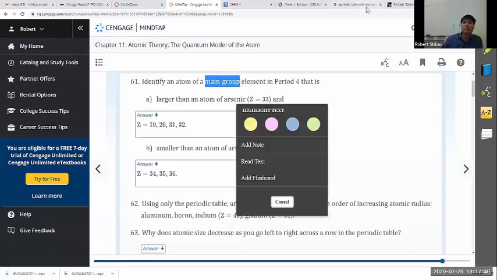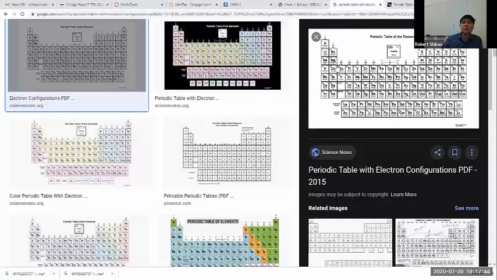The main group consists of the S and the P block. The D block here are the transition metals. So when they're looking at arsenic, that only leaves gallium, germanium, potassium, and calcium as bigger because they're ignoring the transition metals here. When they say smaller, that's selenium, bromine, krypton.